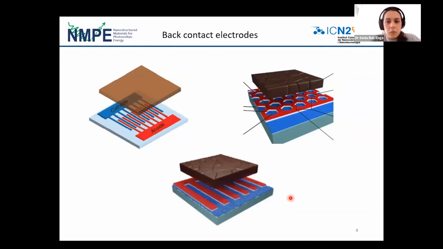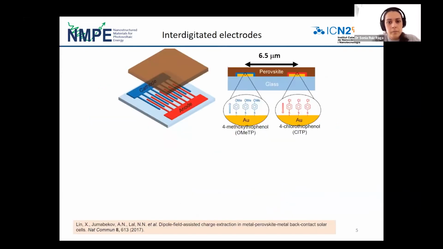So in this talk, I will introduce some strategies for the fabrication of back contact electrodes for perovskite solar cells, in which we have modified the architecture, but also the selective contact materials. And I will also briefly explain the challenges and limitations of these structures.